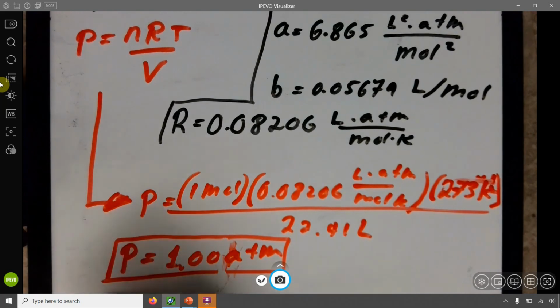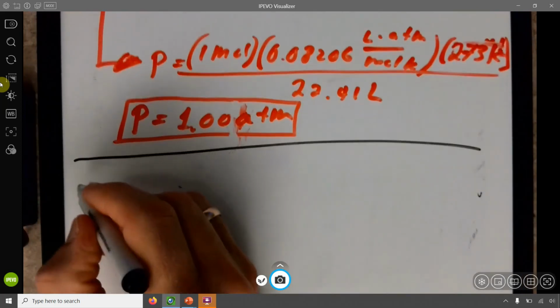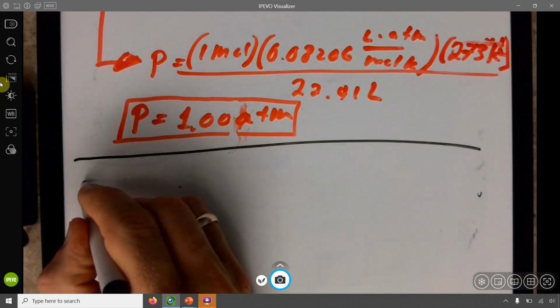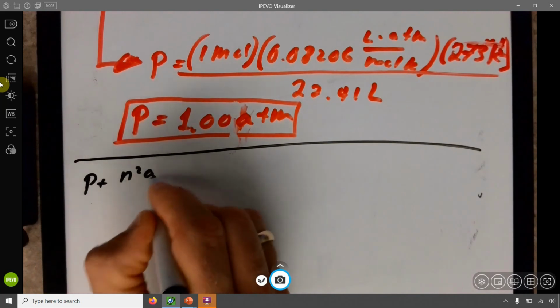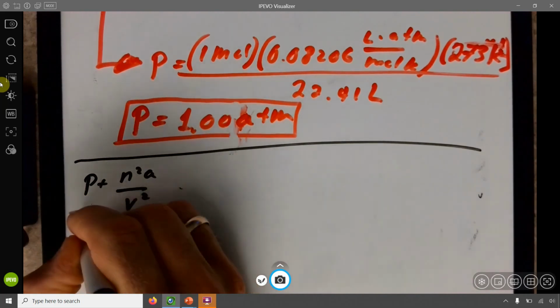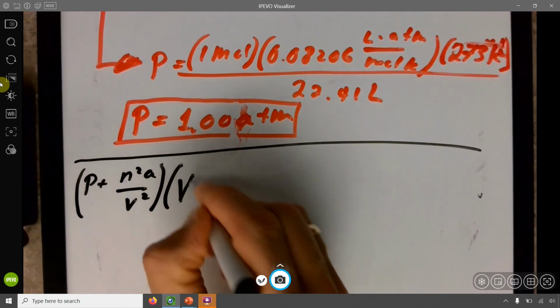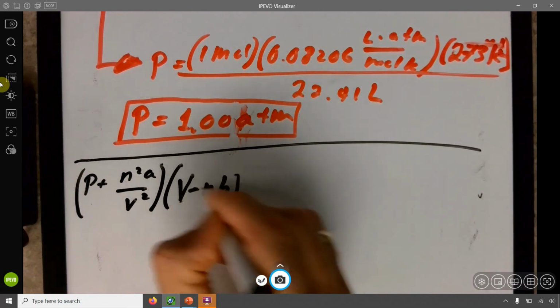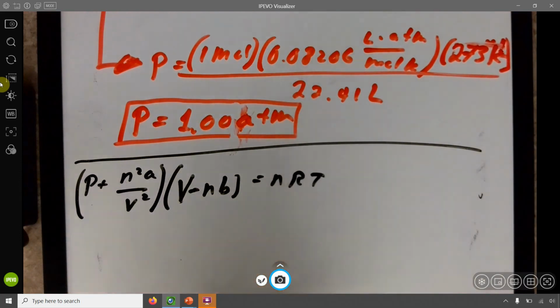The van der Waals equation of state. Let's put that down here. I'll write the van der Waals equation of state for us here. Thusly, okay, this is the pressure conversion factor. This is the volume conversion factor. And this is going to be equal to nRT.